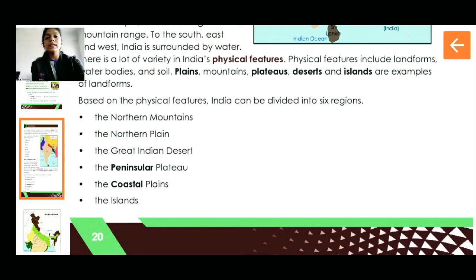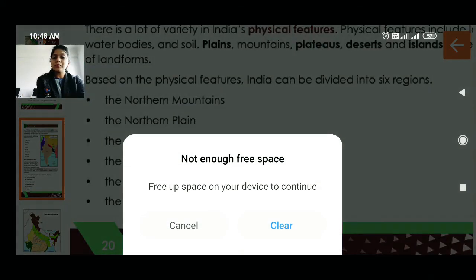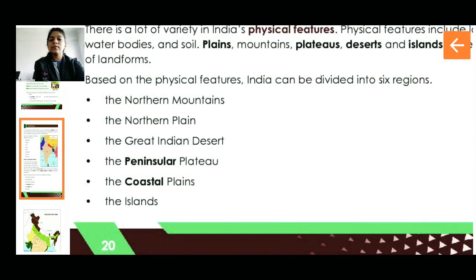The first one is the northern mountains. Second, the northern plain. Third, the Great Indian Desert. Fourth, the Peninsular Plateau. Fifth, the coastal plains. And sixth, the islands. So these are the 6 regions which we are going to discuss further in this lesson.